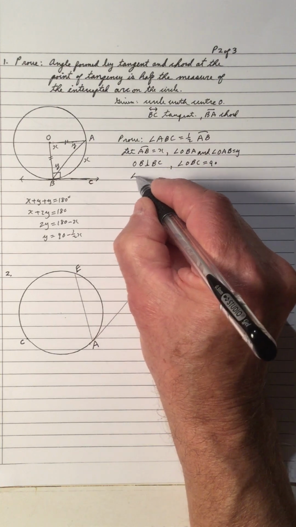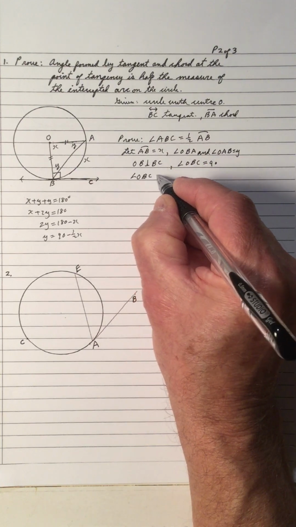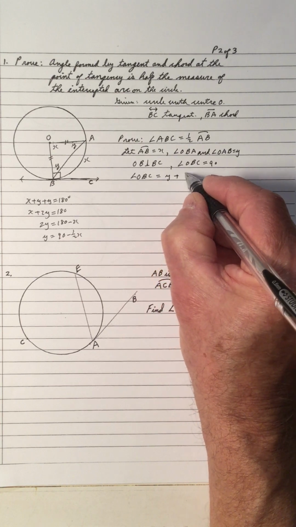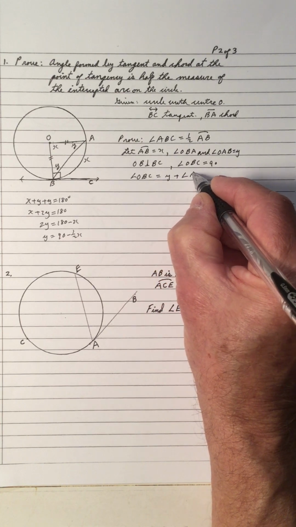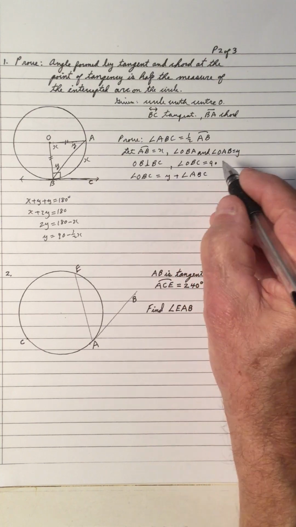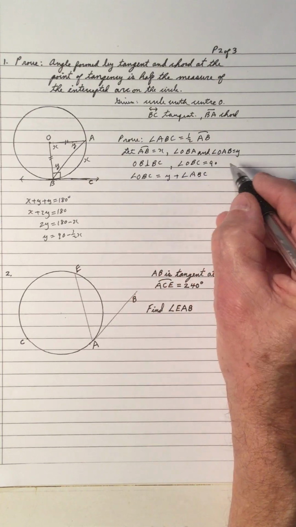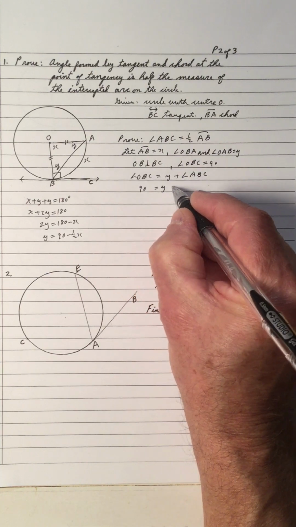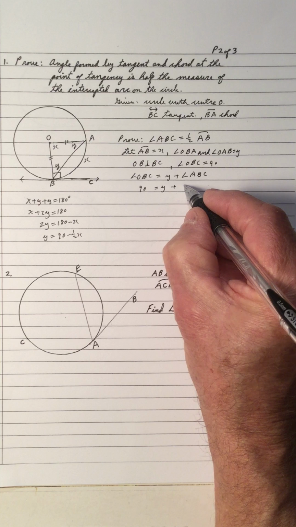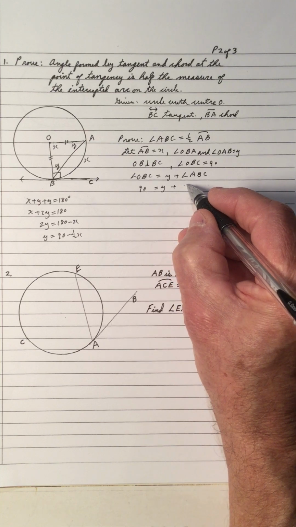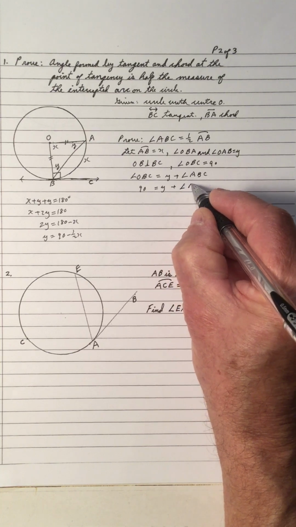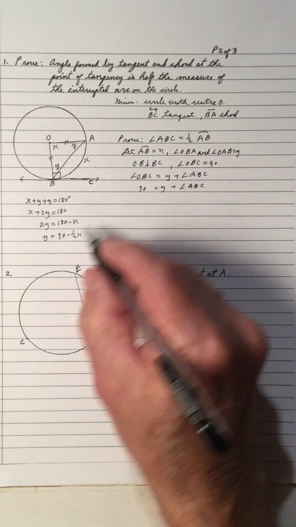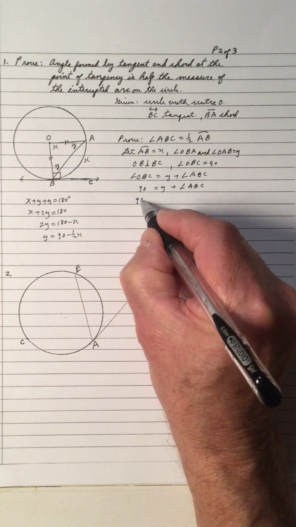And angle OBC is equal to Y plus angle ABC. So 90 equals Y plus angle ABC.